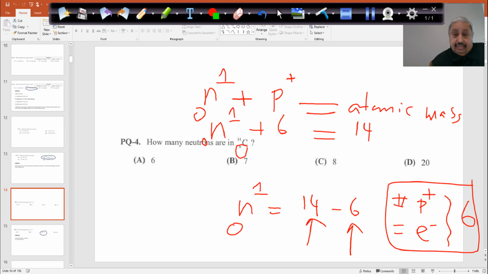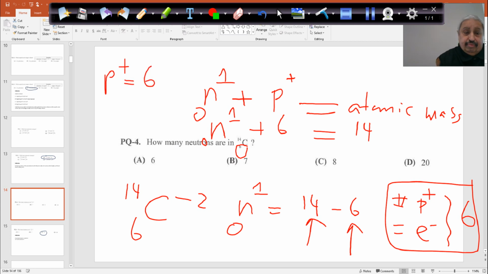Now if I tell you something like 14 and 6, with a charge of minus 2, and you have to determine all the numbers, and this is an isotope but it has 2 negatives, then the story will change. The number of protons is still 6, no change. The number of neutrons will be 14 minus 6, which is 8.